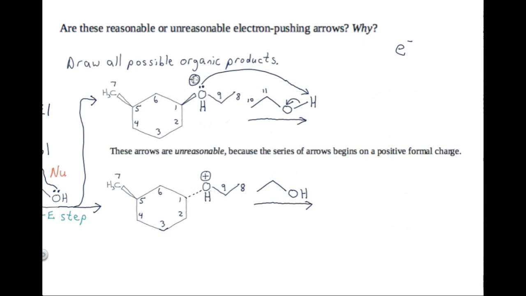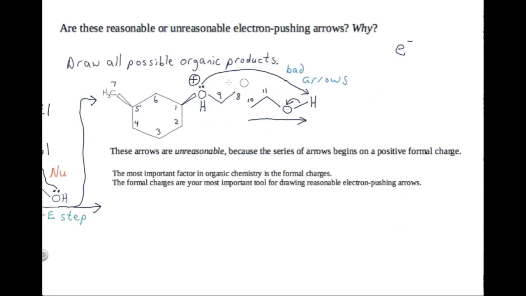The positive formal charge overrides the lone pair. If you see a neutral atom with a lone pair, it might want to donate electrons, and definitely a negative atom with a lone pair would want to donate electrons. But if an atom has a positive formal charge, it definitely does not want to donate electrons, even if it has a lone pair.